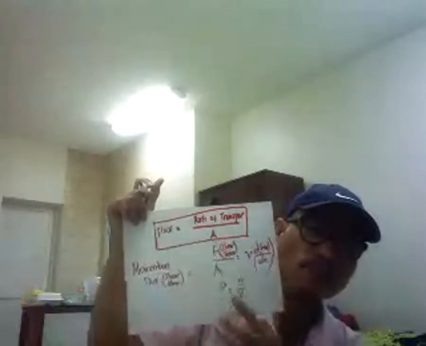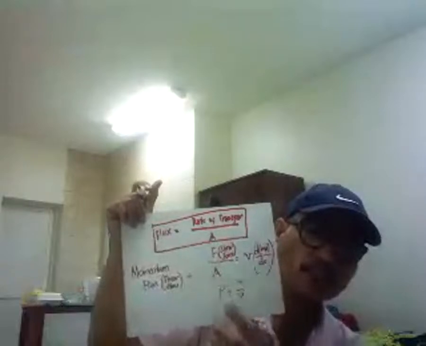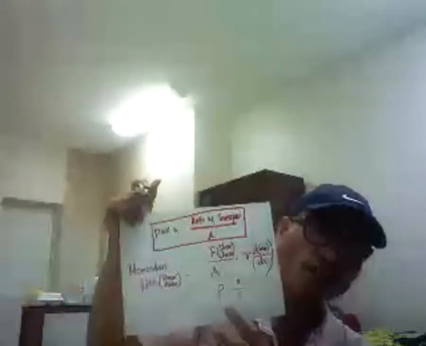Then compute for the mass in here. So mass is equal to density times the volume. Substitute that here in this equation. So kinematic viscosity times the delta change of density times the volume, times the u, which is the velocity, like this.